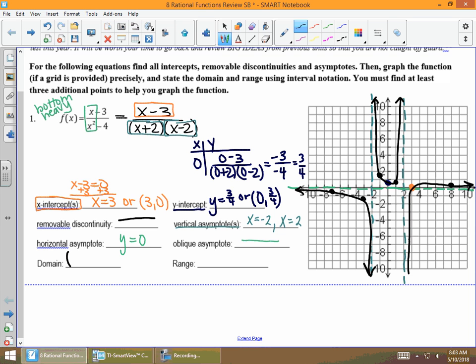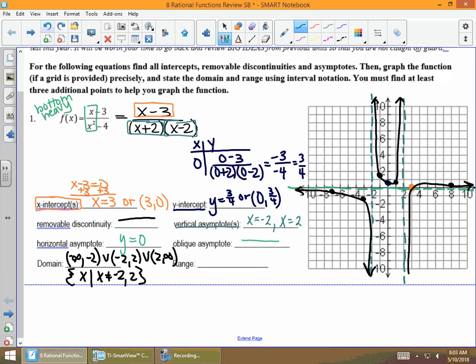So -infinity to -2, -2 to 2, 2 to infinity, and that's in interval notation. In set notation, we would say x such that x cannot equal -2 and 2.